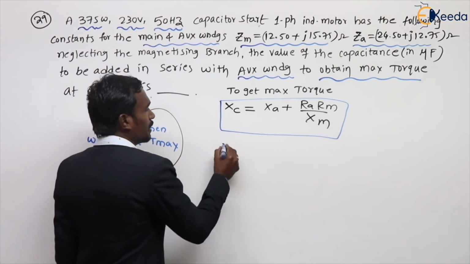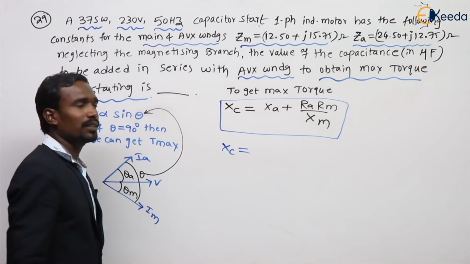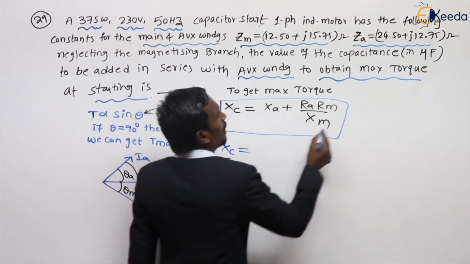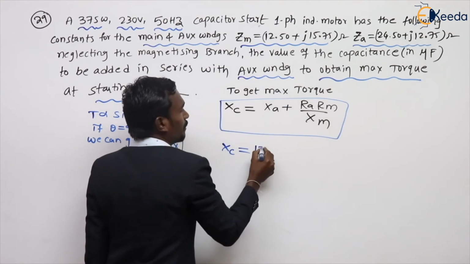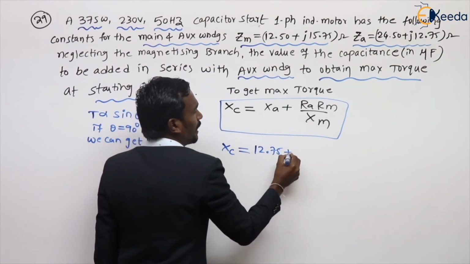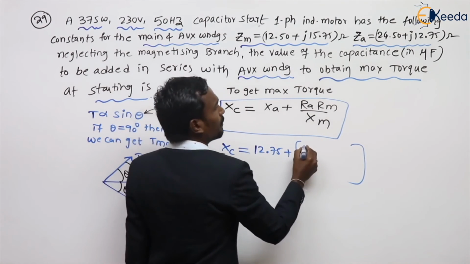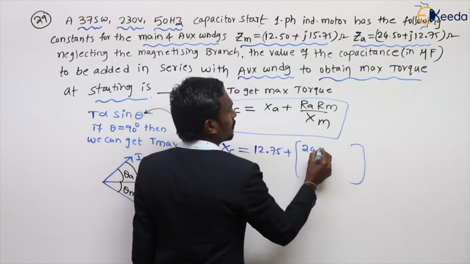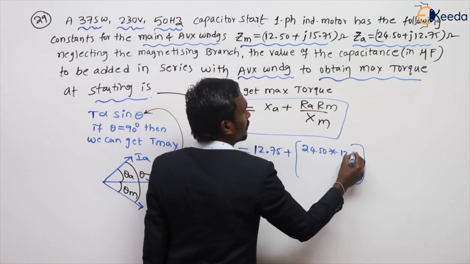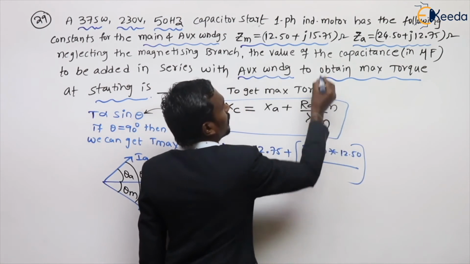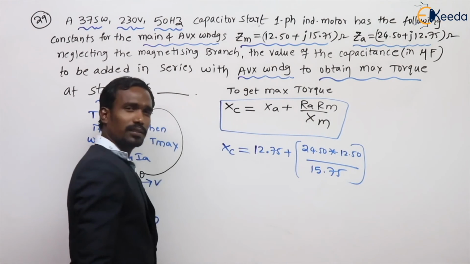So tell me here, XC, how much capacitive reactance do we have to add to get the maximum torque? XA is the auxiliary winding reactance, plus RA, auxiliary winding resistance, and RM, main winding resistance, and XM, main winding reactance.